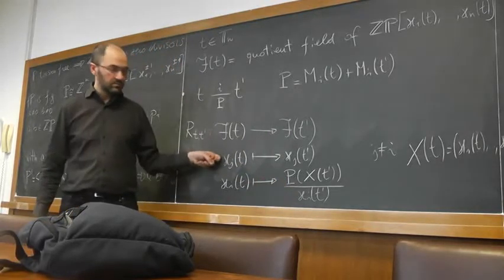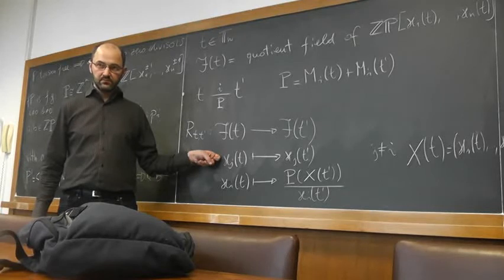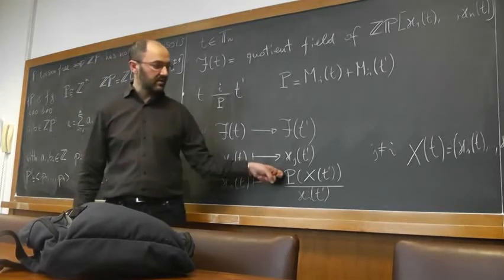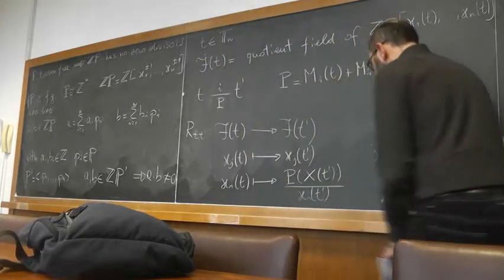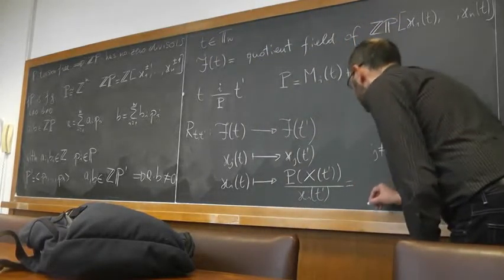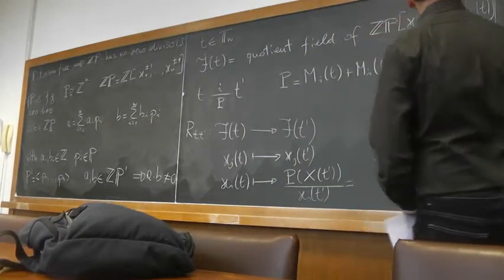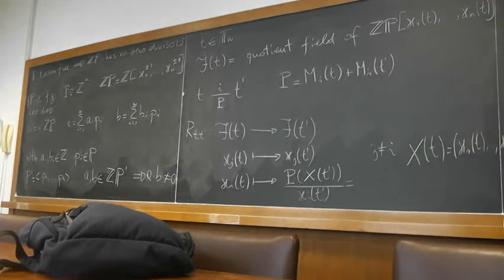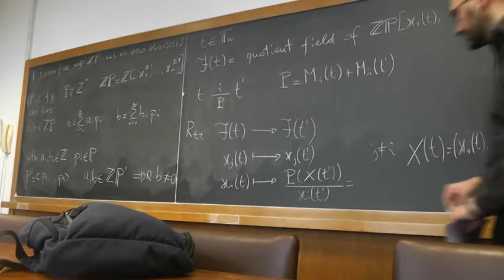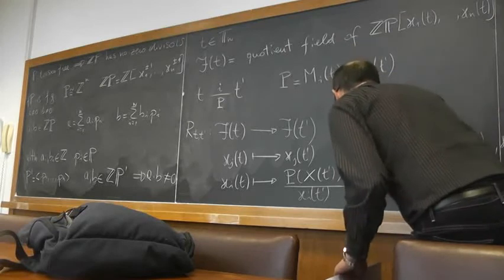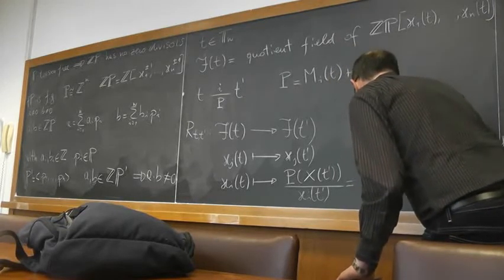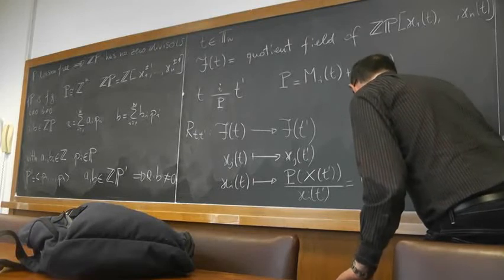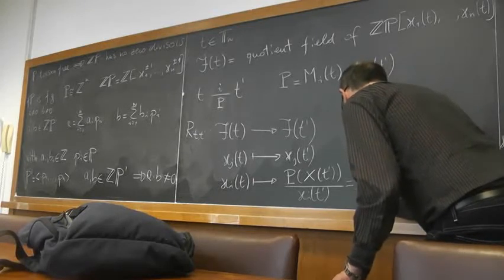This is not a polynomial in xi. By axiom 1, yes. So this quantity is the same. I can write here p of xt divided by xi.